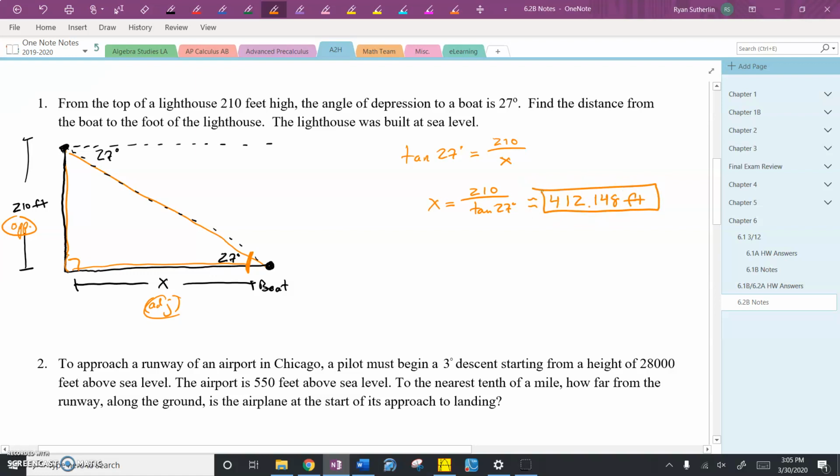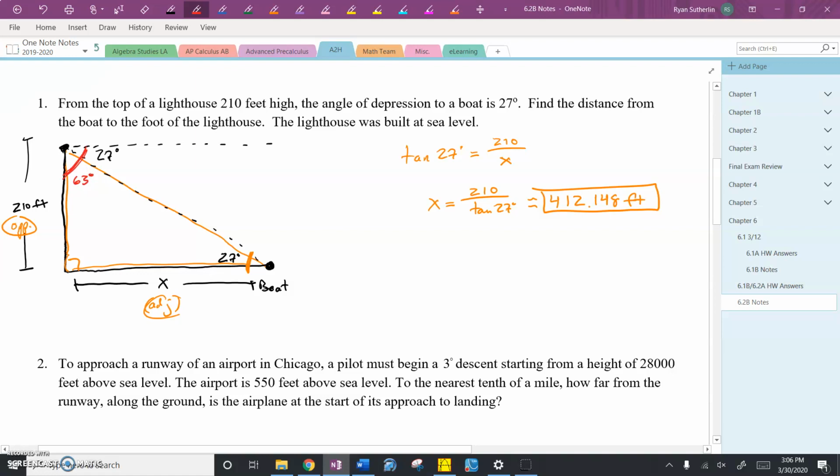When you're doing this on the calculator, make sure that your calculator is in degrees and not radians. Now, a second way you could have done this problem is use the fact that you know these two angles at the top left have to add up to 90. So this is 63 degrees.